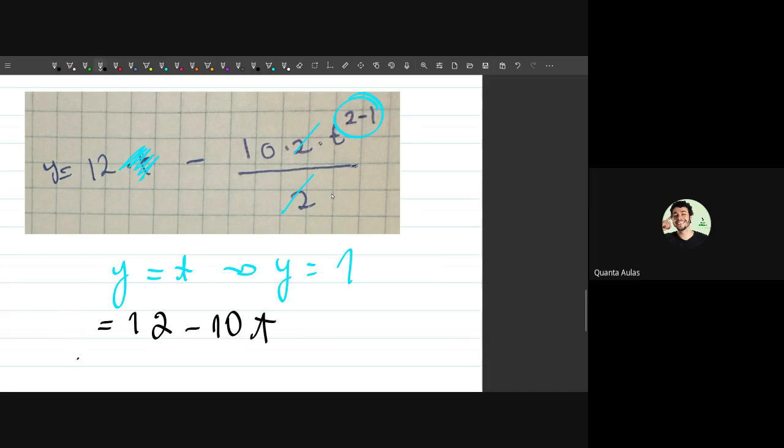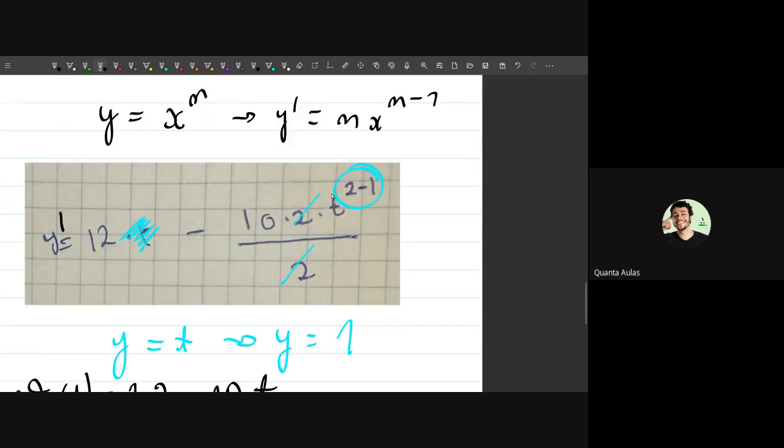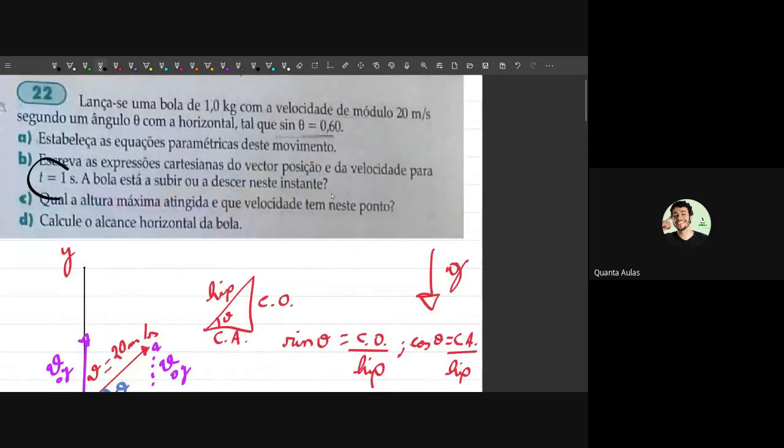But it's not y, it's the derivative of y. In this situation, the derivative of y is the velocity in y, okay? The velocity depends on the time, so the velocity in the y-axis has this formula. Now you can note if in this instant the mass is up or down.